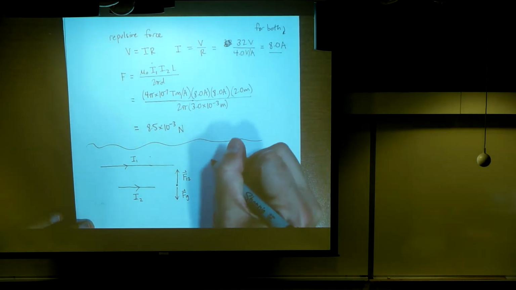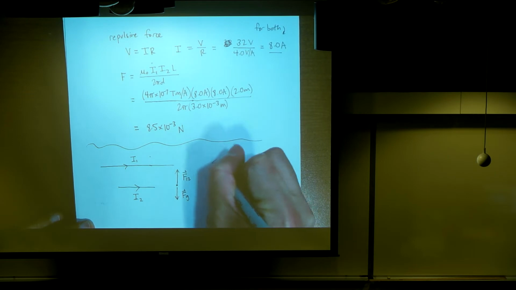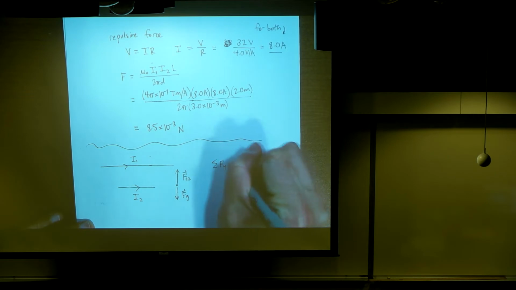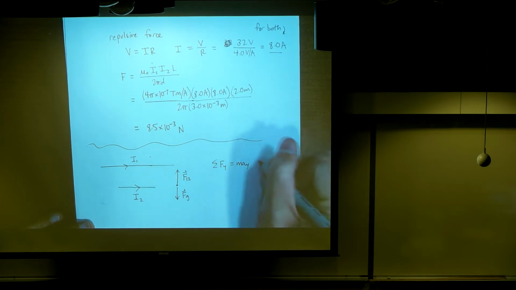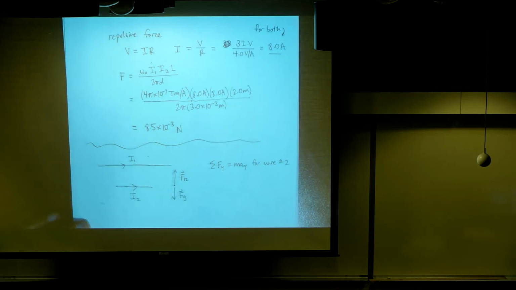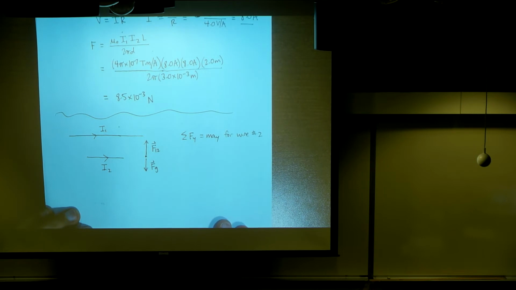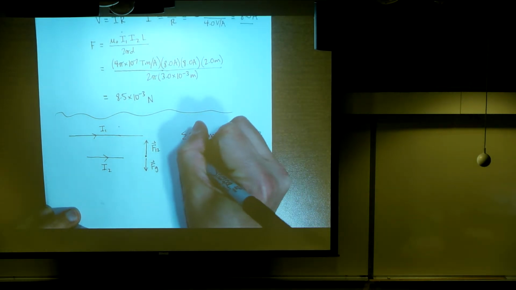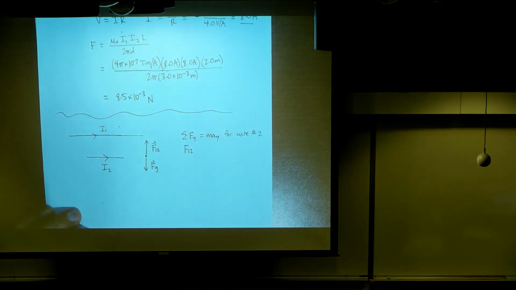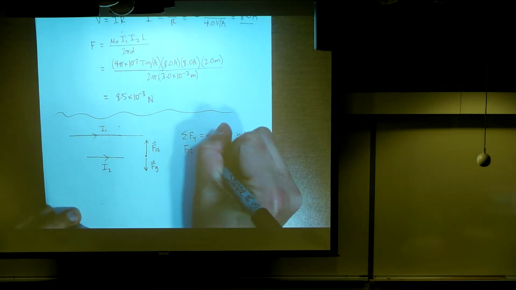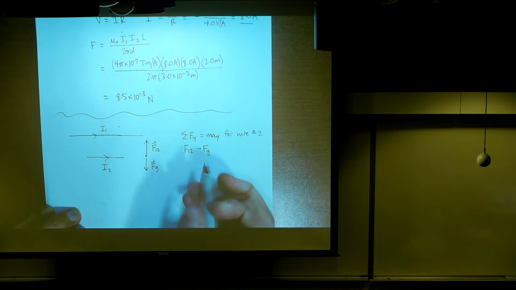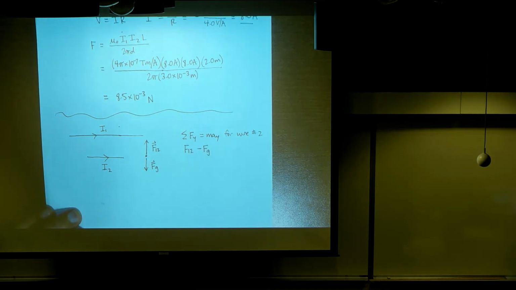Now what we can do for wire number 2 is apply F equals ma. Let's do it in the y direction for wire number 2. So we have two forces, right? We have going up, F12, and then going down we have Fg. So the sum of the forces is just F12 minus Fg, right?